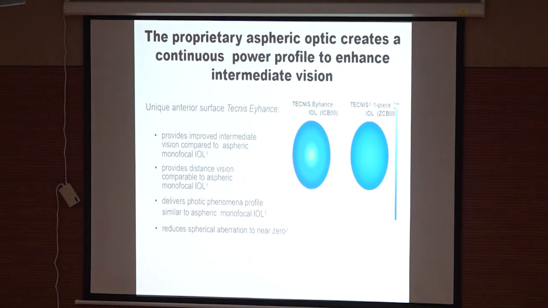And the proprietary aspheric optic creates a continuous power profile, because when I said 0.75, it will improve intermediate vision, provided your unaided distance vision is good.